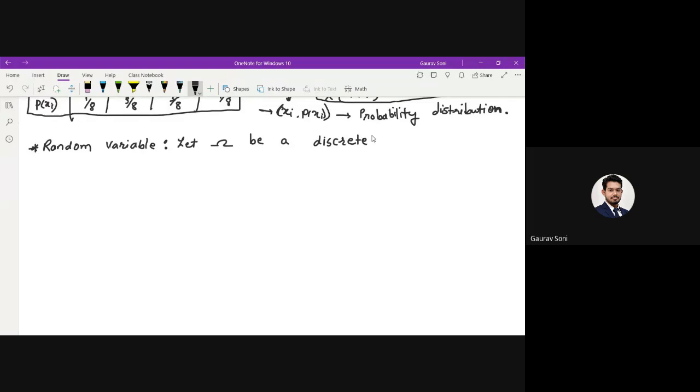Let sigma be a sample space corresponding to a random experiment.